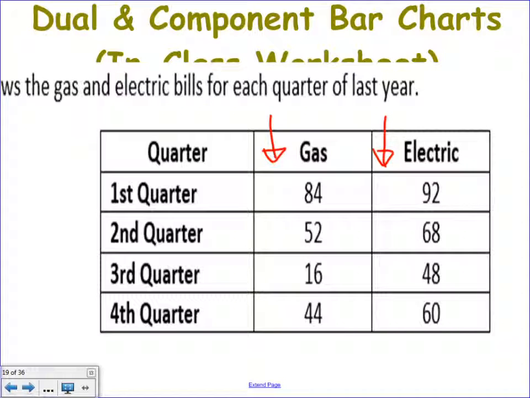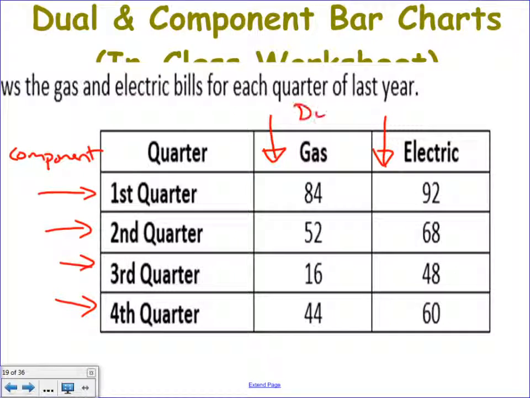What do I do for my component bar chart here? What am I comparing? The gas and electricity. Good. Your first quarter, you're going this way. So you're adding the gas to the electric, if you catch my drift. So you're looking that way at component bar charts.